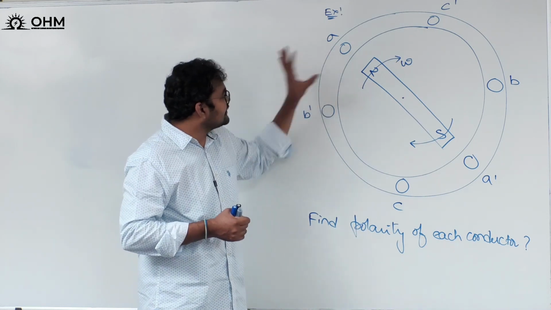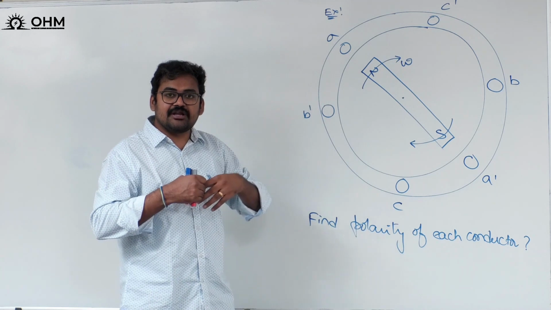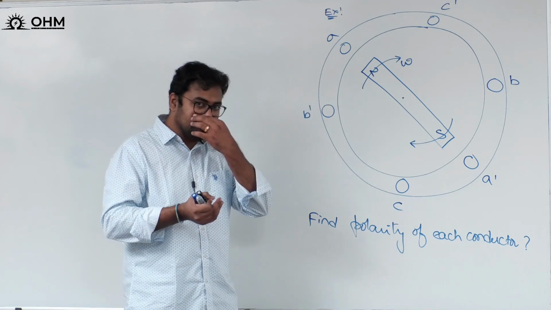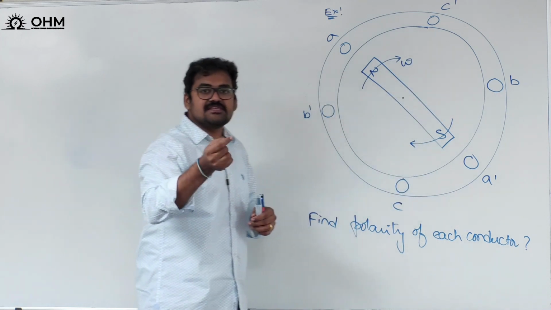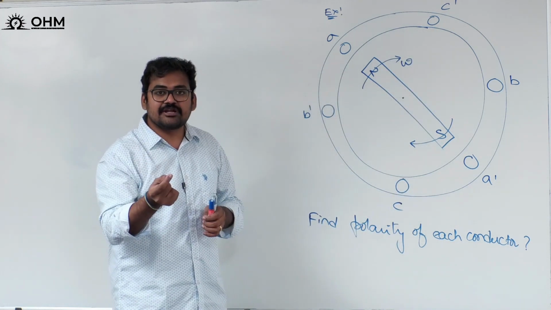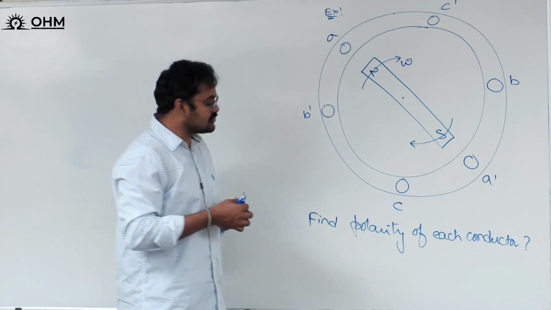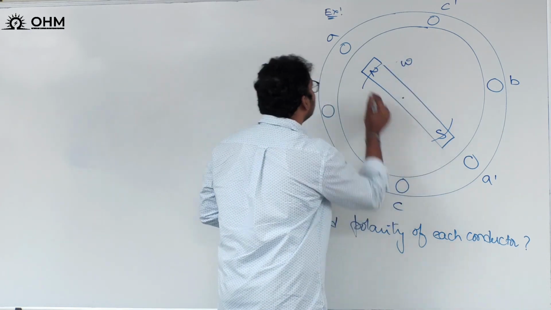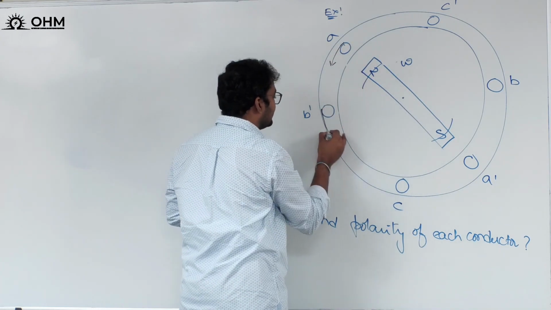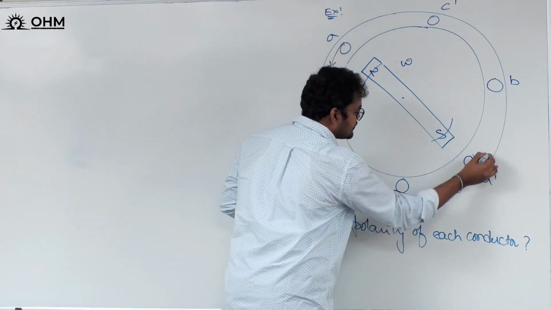But physically the conductors are not moving here. So therefore you can take relative movement. We know that a magnetic field rotating in clockwise direction is equivalent to conductors rotating in anti-clockwise direction. So therefore I can treat the magnetic field as stationary and the conductors rotating in anti-clockwise direction like this.